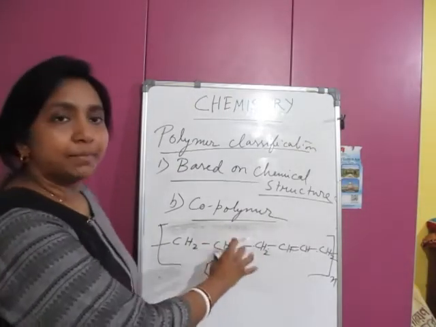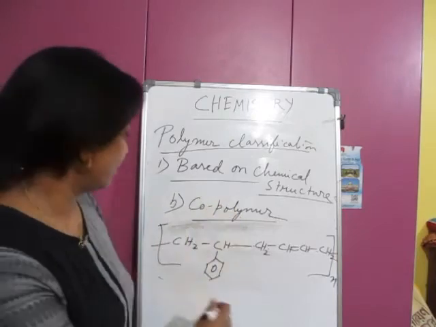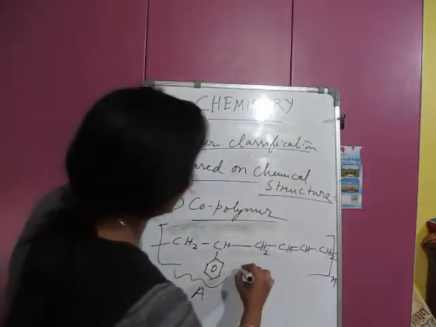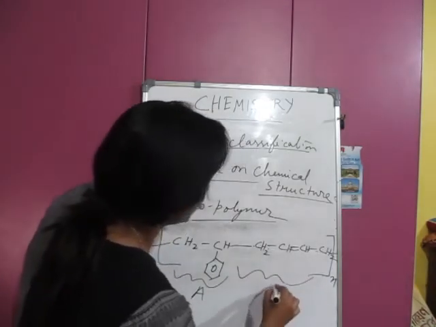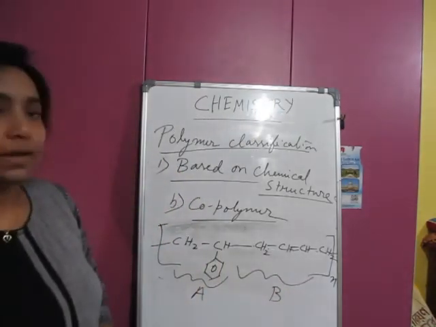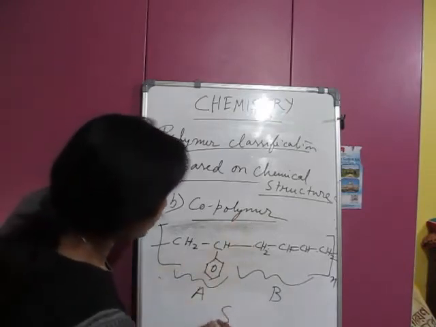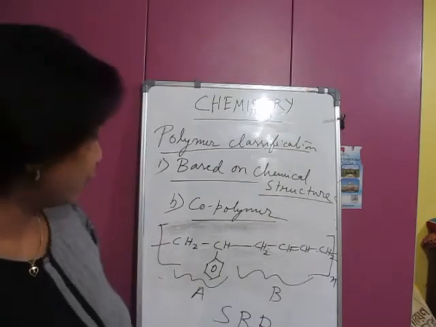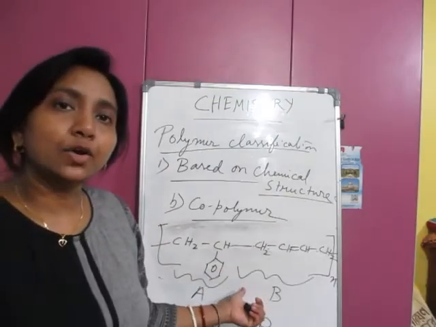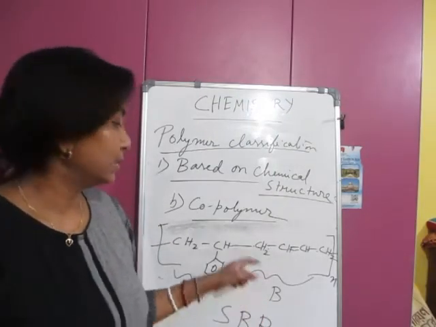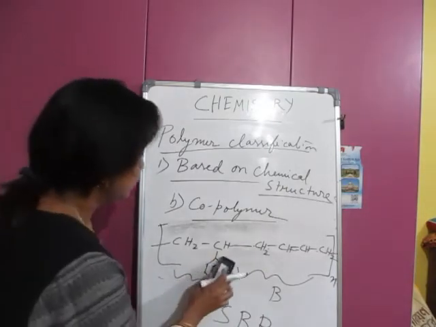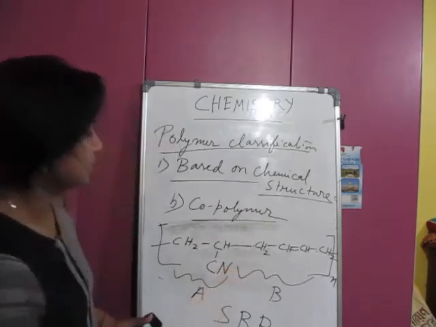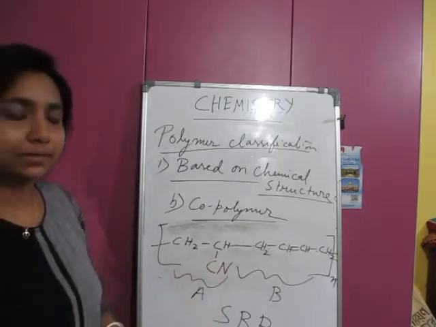So this is the polymer structure and it is called a copolymer because this is the monomer styrene and this is the monomer we get from butadiene. This is the structure of SBR. If we use acrylonitrile instead of styrene, what will be the structure? The same structure, only here you have to write CN.